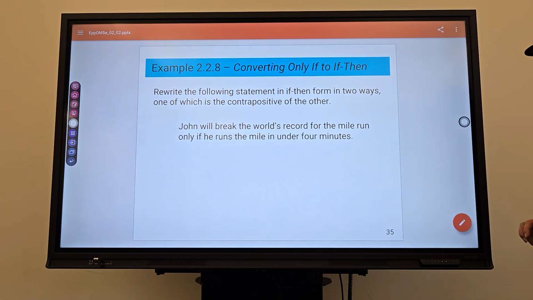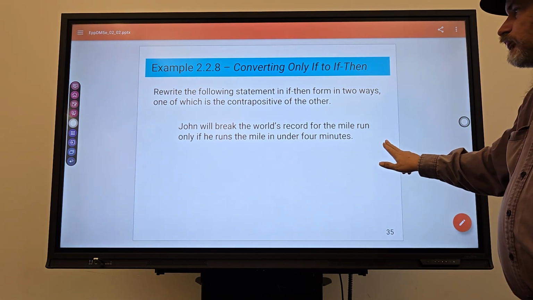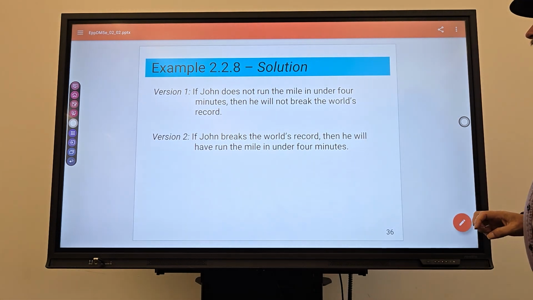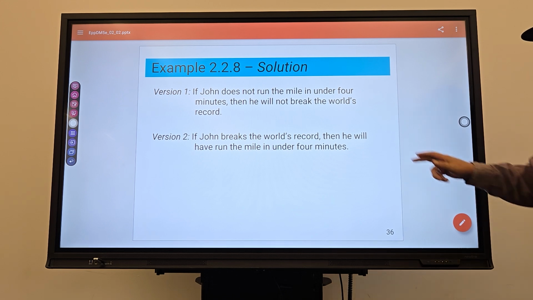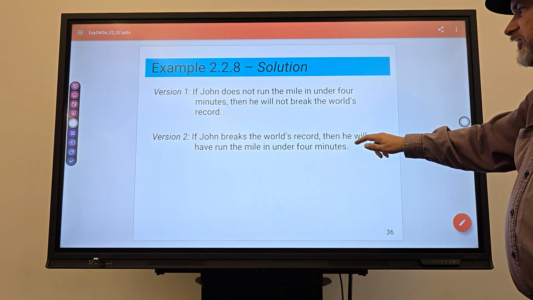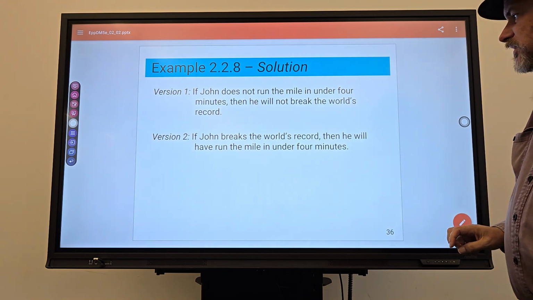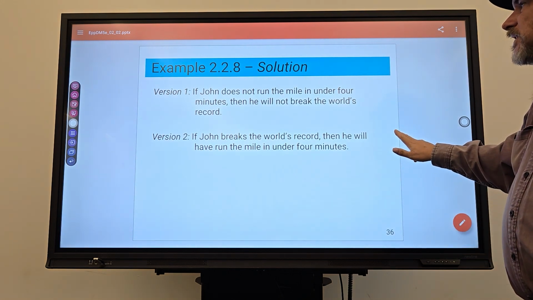What's the other one? If he breaks the world's record, then he will have run the mile in under 4 minutes. That's the contrapositive, and that's just another way of expressing the same sentiment.